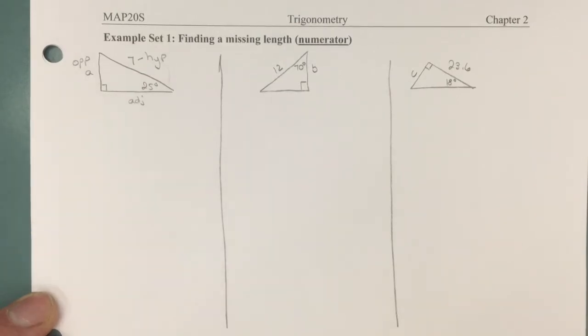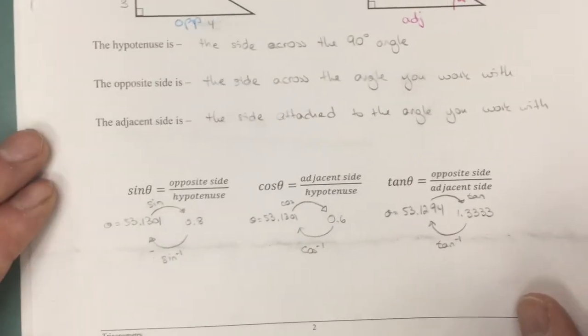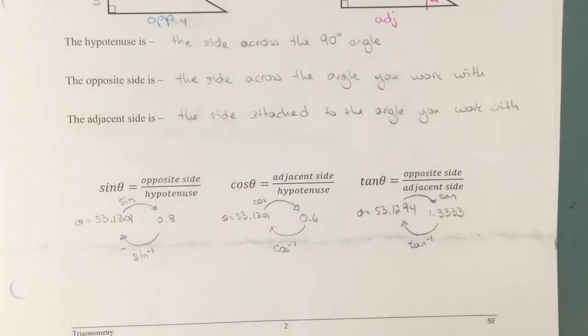So here's a little trick that you can use to figure out which ratio you need to use to solve for your missing sides or angles. If you go back to the first page, you can see the ratios on the bottom, and what we will do is shorten them into an acronym.